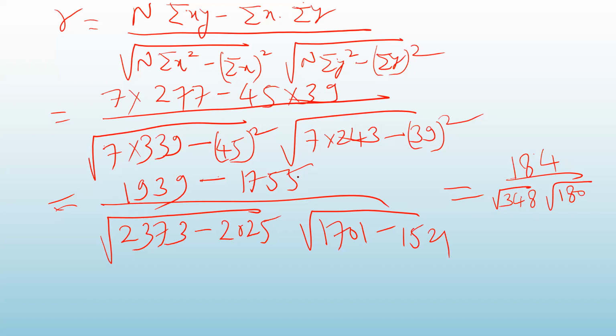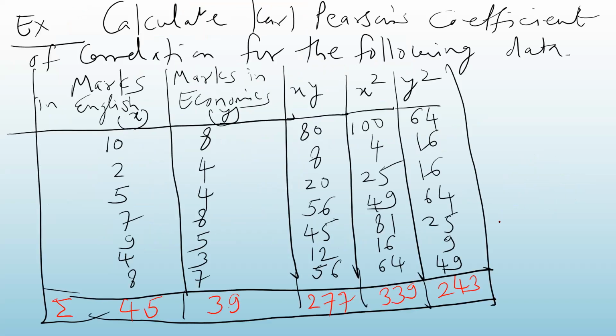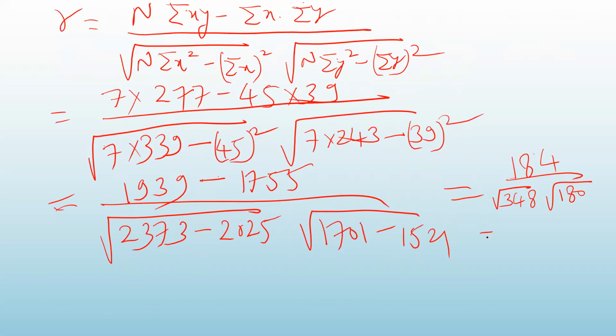Okay, you have to take up to 2 decimal places. 18.654, so you can take 18.65. Okay, so this is 184 divided by 18.65.